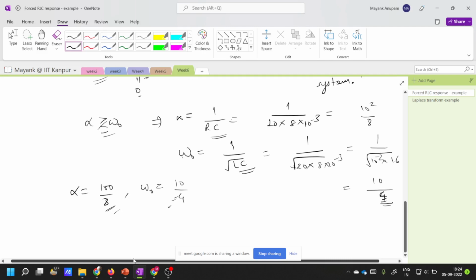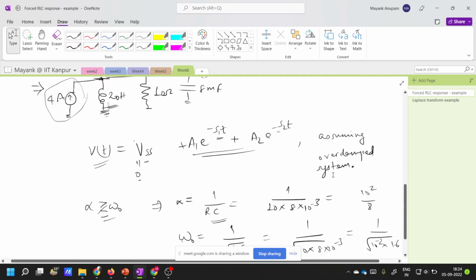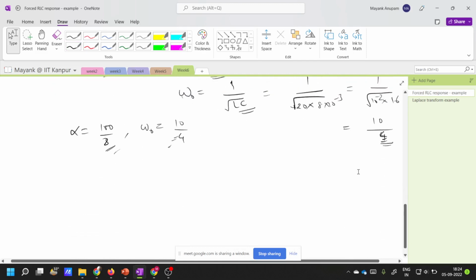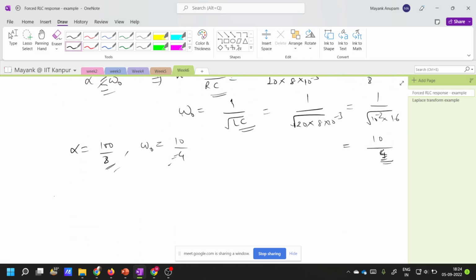So in that case, I have an overdamped system, right? What are the roots of an overdamped system? Minus alpha plus minus under root alpha square minus omega naught square, right?